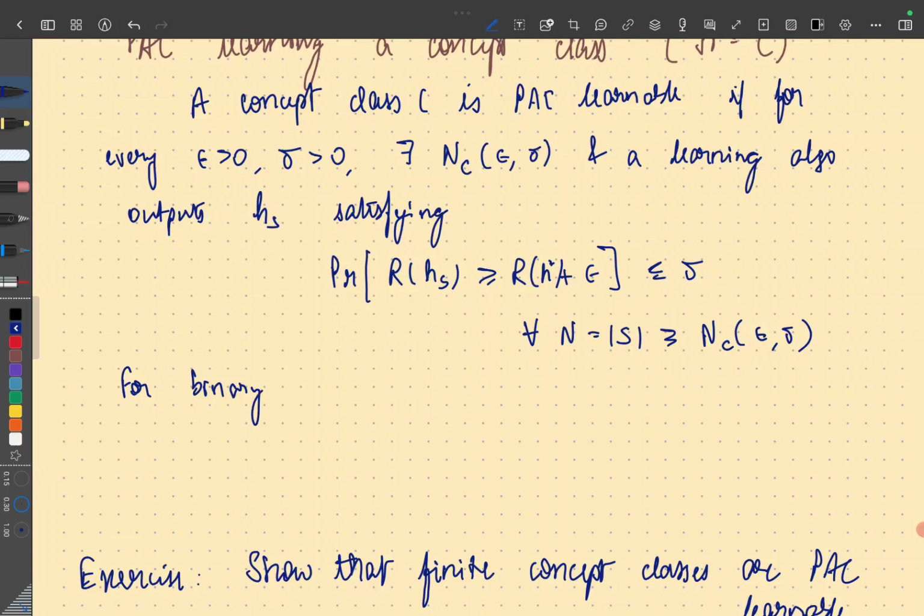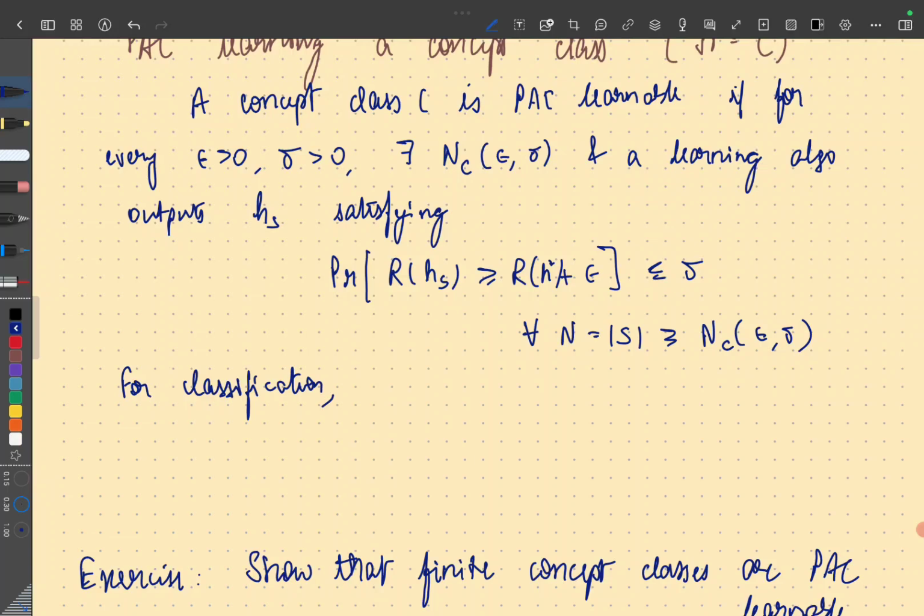But for binary classification, or in general any classification problem, we will require something a bit different.